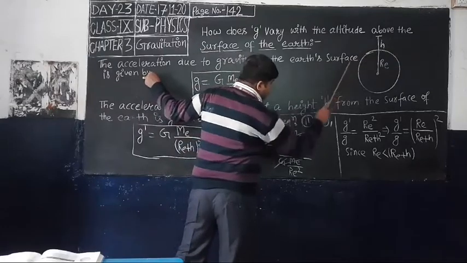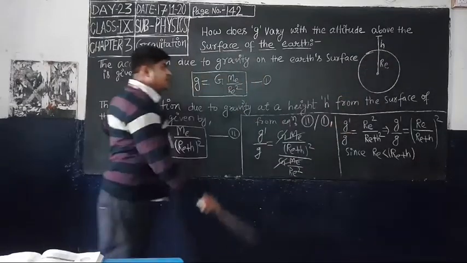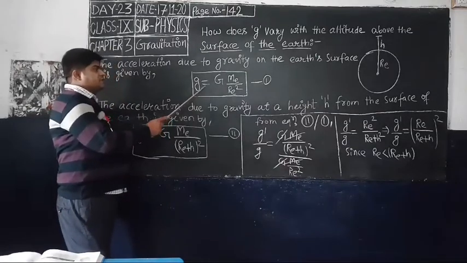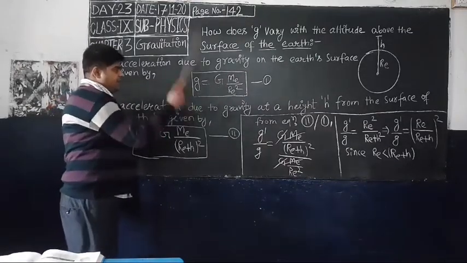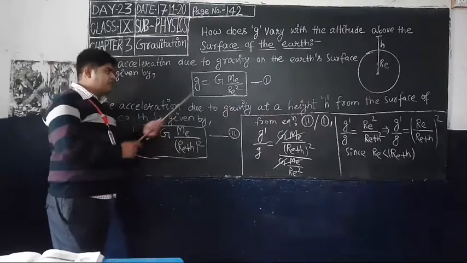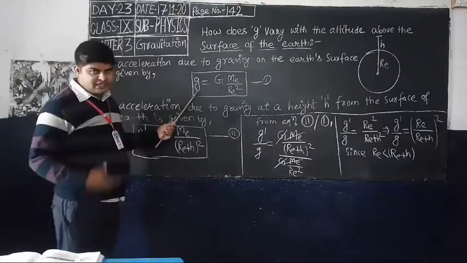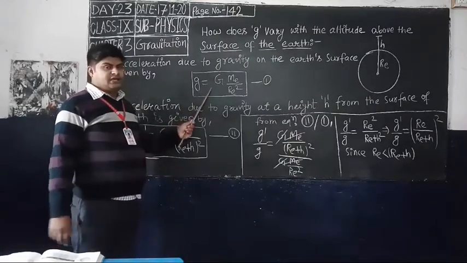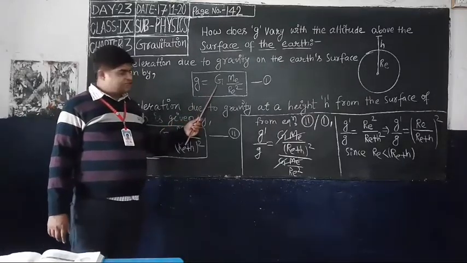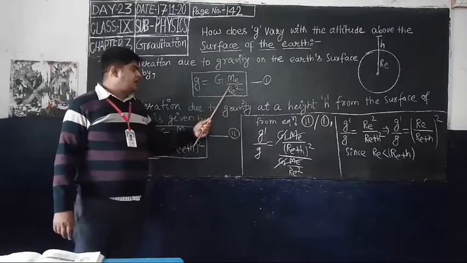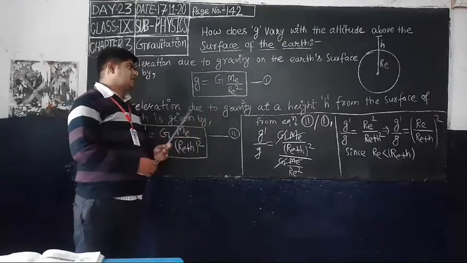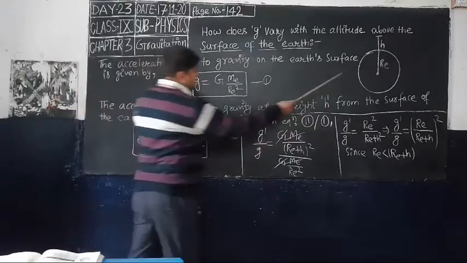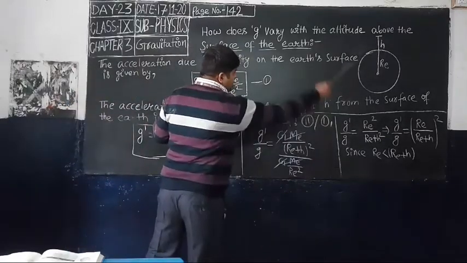When the object is on the earth's surface, the value of acceleration due to gravity is g equal to capital G Me by Re square, where small g is acceleration due to gravity on the surface of the earth, capital G is the gravitational constant, Me is the mass of the earth, and Re is the radius of the earth. This is equation 1.